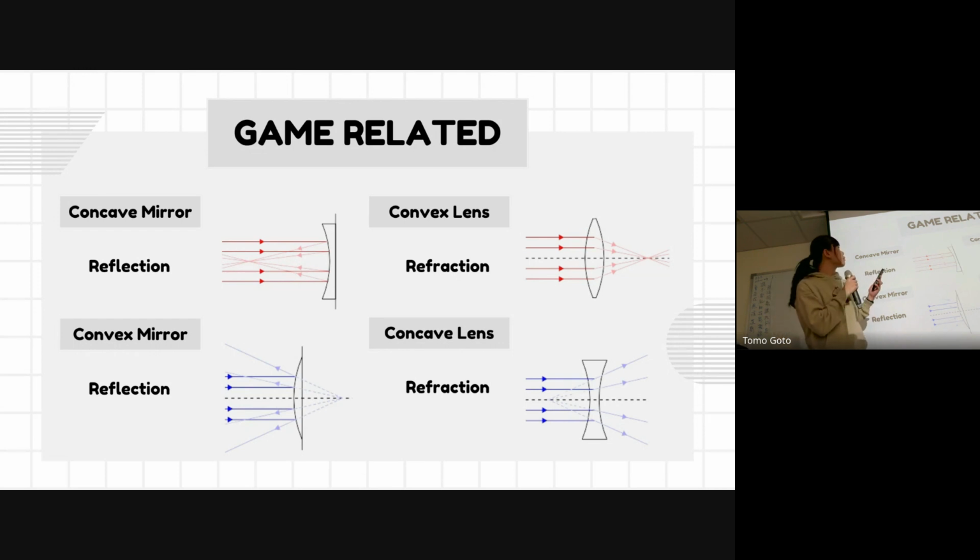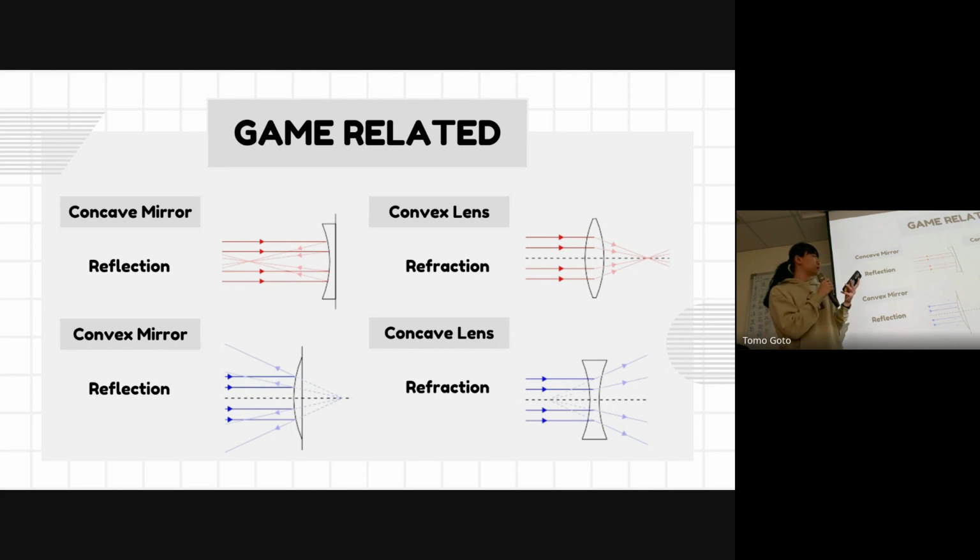And the third one, the convex lens, can converge the light rays to a single point, and refract towards the lens central axis. So the next one is refraction.